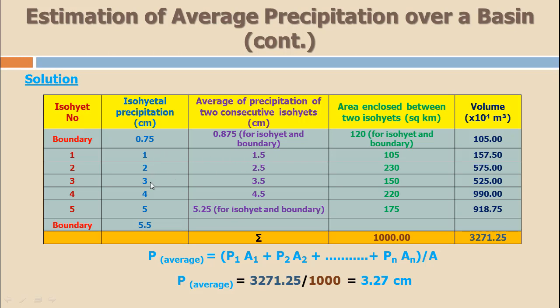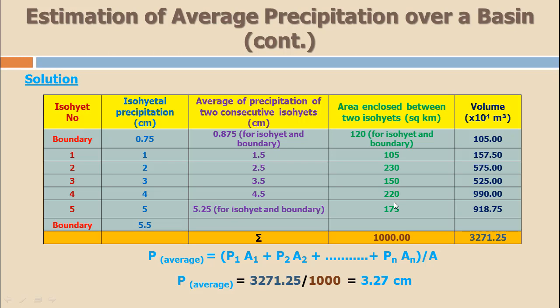Similarly, 2 plus 3 is 5, 5 divided by 2 is 2.5. So the average of every two consecutive isohyetes have been calculated in this column. This is the average of precipitation of two consecutive isohyetes. The area is already given. The area between the first boundary and isohyete number 1 centimeter is 120, and the area between the last boundary and isohyete number 5 is 175, and the remaining area is already given in order.